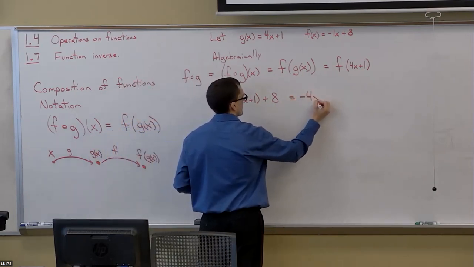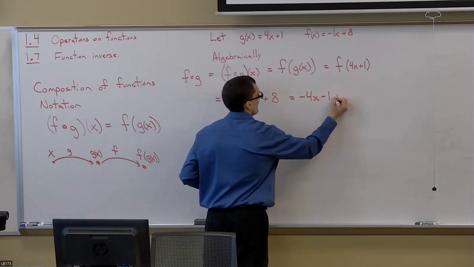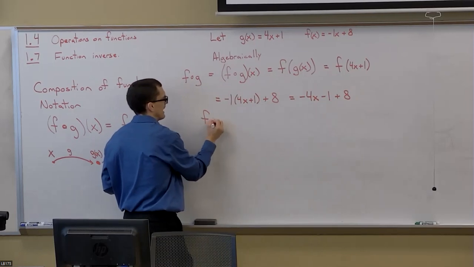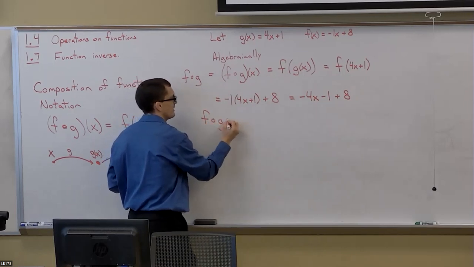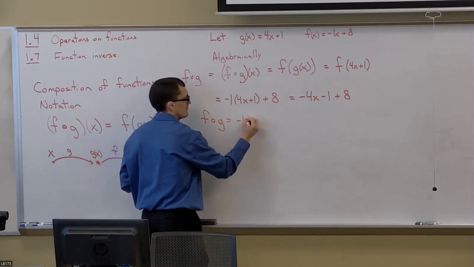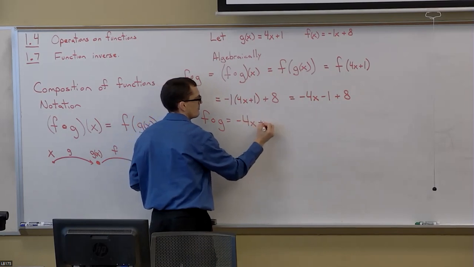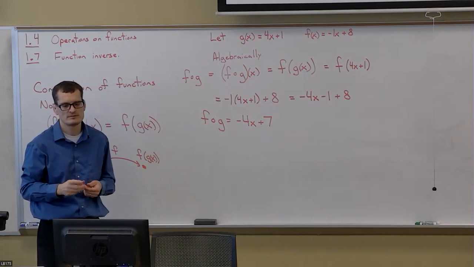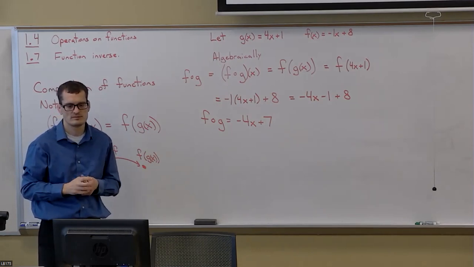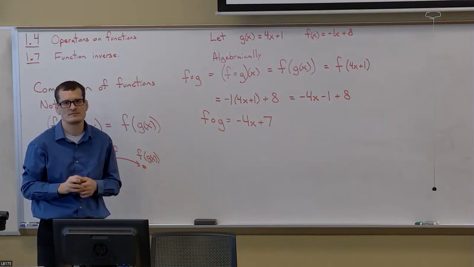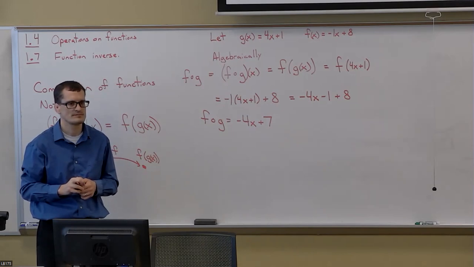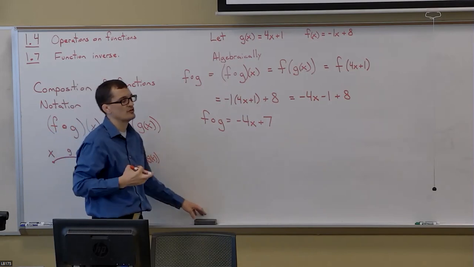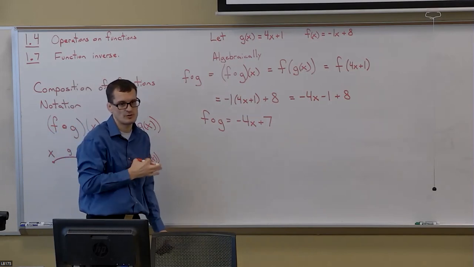Negative 4x minus 1 plus 8. So that tells me f of g is equal to negative 4x plus 7 when I simplify it. So that's composition of functions, algebraic.